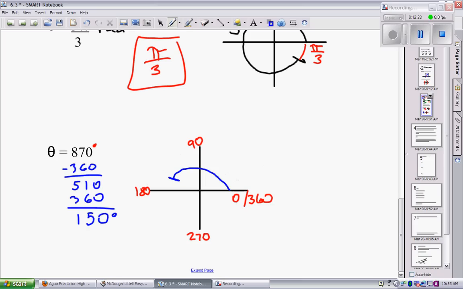So we stop over in here. Here's our 150 degree angle. And to complete it to the nearest x-axis, we have to go an additional 30 degrees. So your reference angle is 30 degrees.